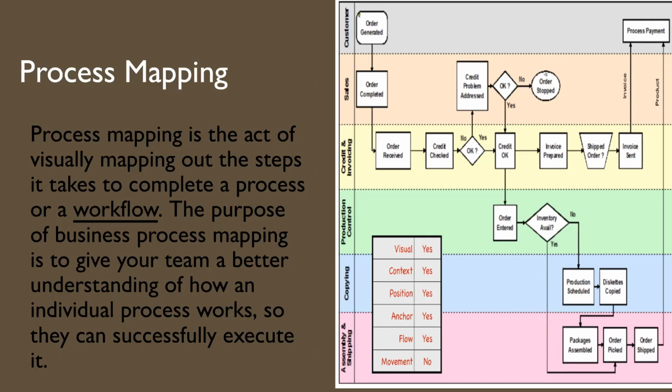So when you are working with different teams, the process map will help us to bring the fact, the requirement, the need that we have elicited from our various meetings with our stakeholders.